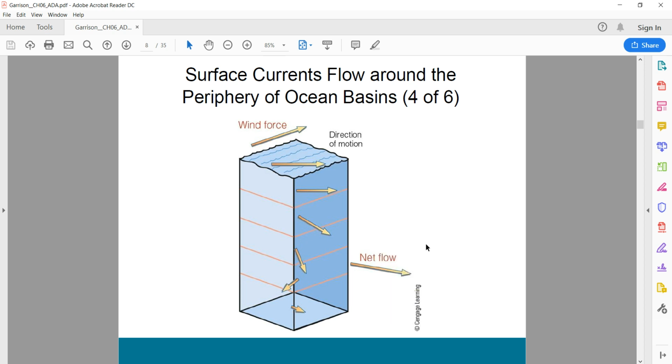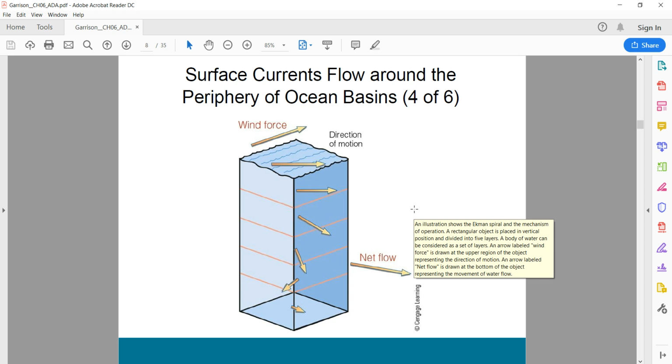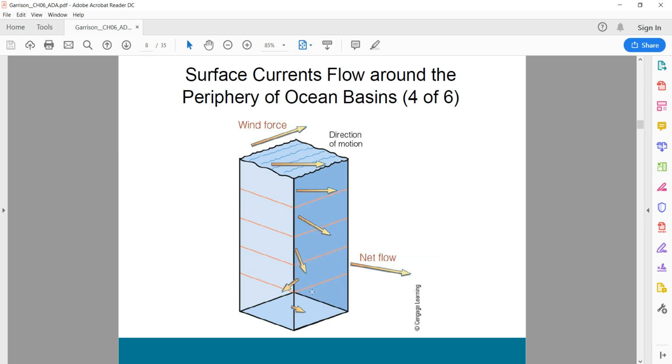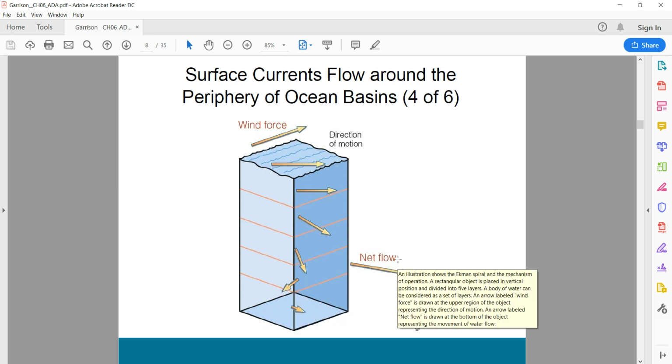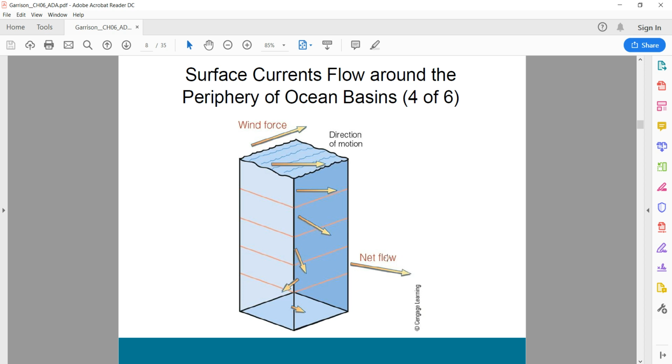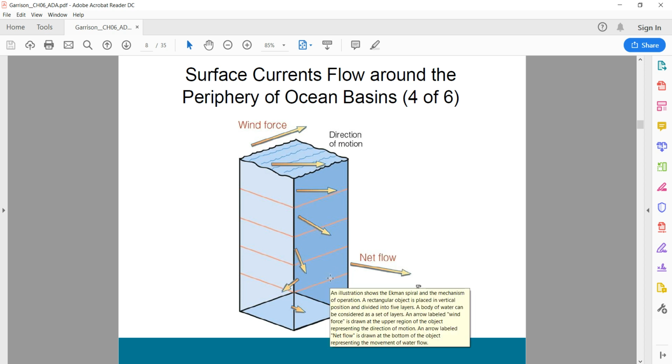And that's why the different layers of the ocean are not moving exactly in the same direction. In fact, if you go deeper in the ocean, you will find that the water is moving in the opposite direction to the wind force, because the effect of wind force becomes very weak, and the Coriolis effect is very dominant in the deeper layer.